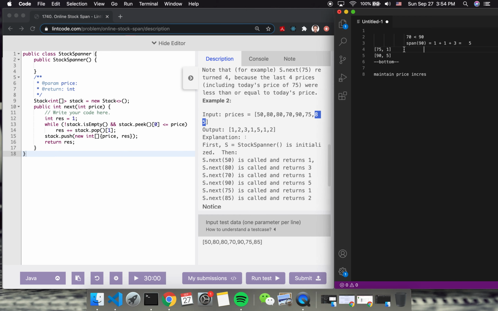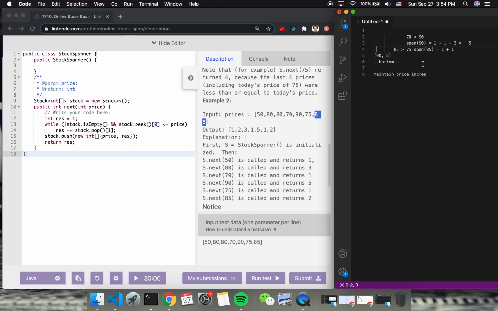So finally we have 85, and then we compare. 85 is bigger than 75, and we can draw the conclusion the span of 85 is 1 plus this 75 here, 75, plus 1, yeah.